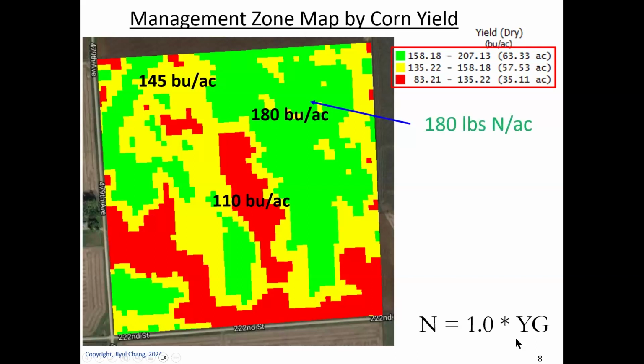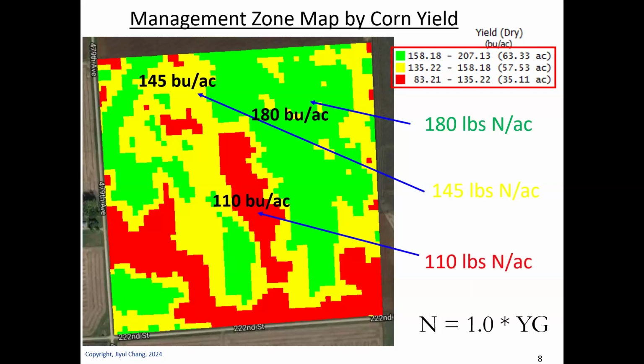I can apply 180 pounds per acre of nitrogen in the green area, 145 pounds per acre of nitrogen in the yellow area, and 110 pounds per acre of nitrogen in the red area. This is a variable rate application map, and then we just apply these three rates in this field. So those are the steps.